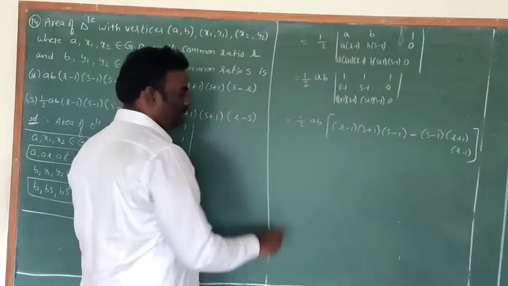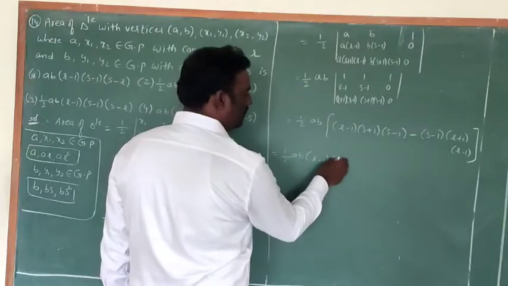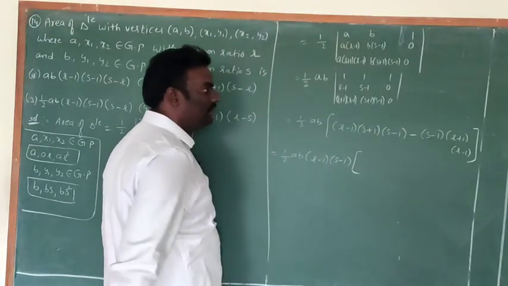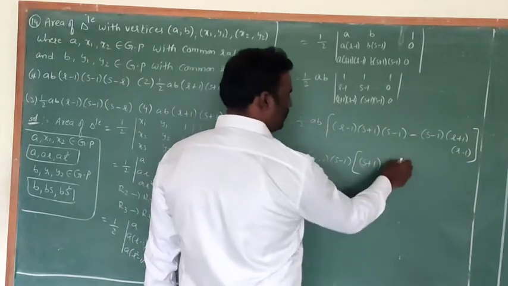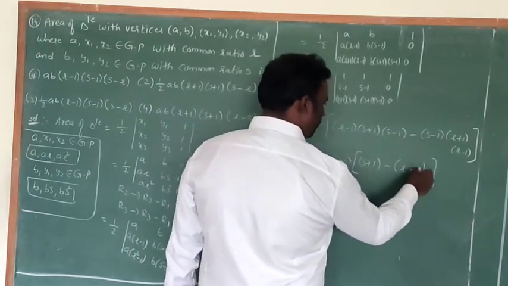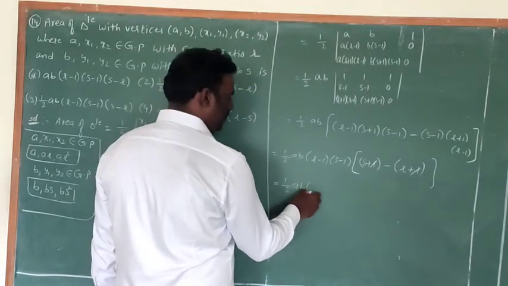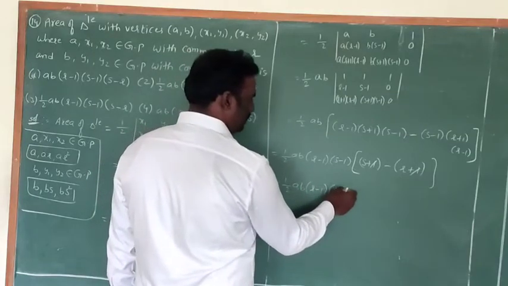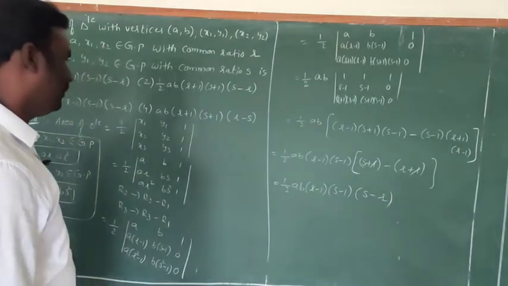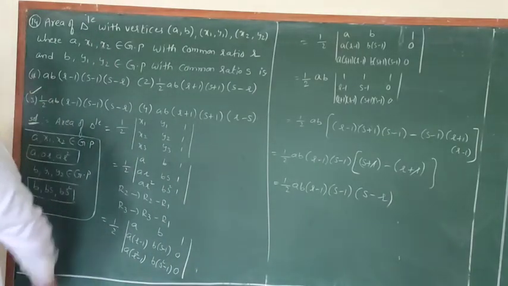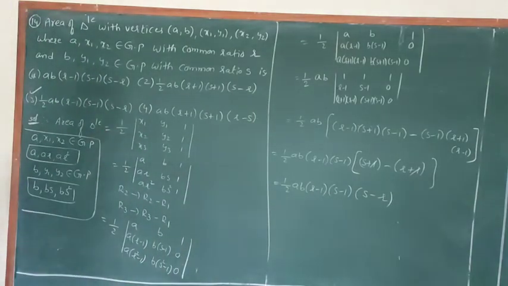Now in this, which is common? Half AB into R minus 1, S minus 1 common. Then what is remaining? S plus 1 minus R plus 1. Now 1 gets cancelled. Now half AB into R minus 1, S minus 1, S minus R. This is the formula for the area of the triangle. That is, option 3 is the correct answer for this question.